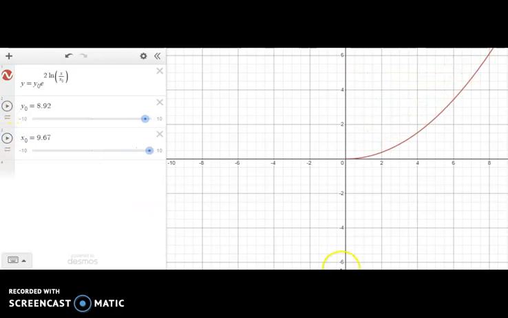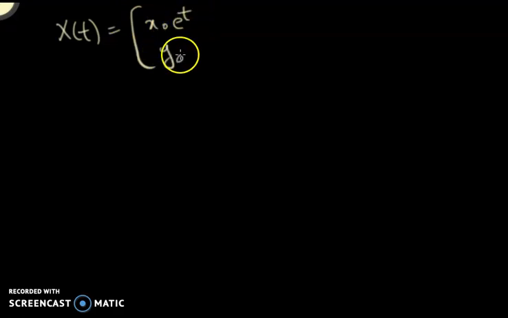Okay, so let's come back to where we were discussing. You know what? The curve that we had was equal to this: x naught e to the t and y naught e to the 2t.